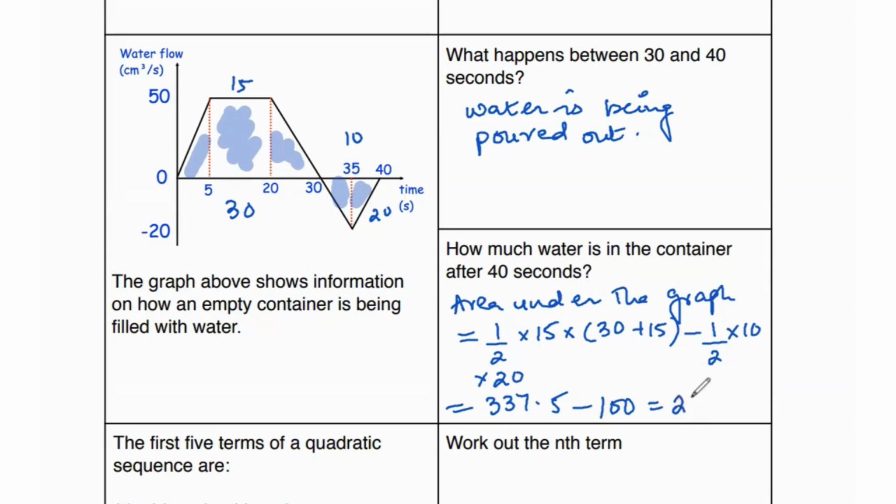That's going to be 237.5 centimeter cube. That's the amount of water that is in the container after 40 seconds. Remember, you have to subtract the area that's underneath the x-axis, not add it, because that is the amount of water that was taken out of the container, not poured in.